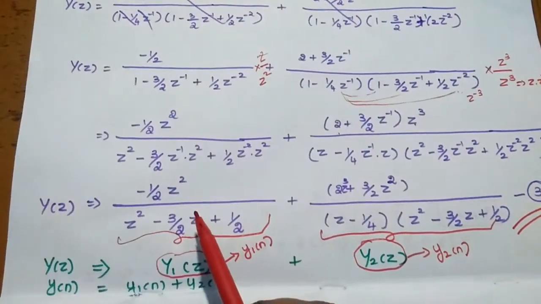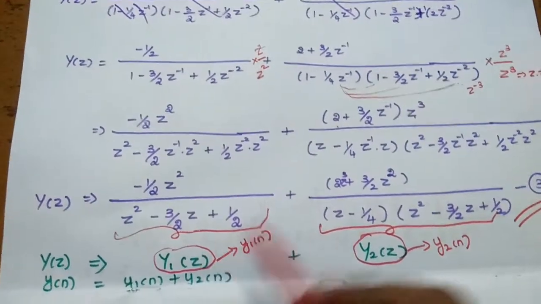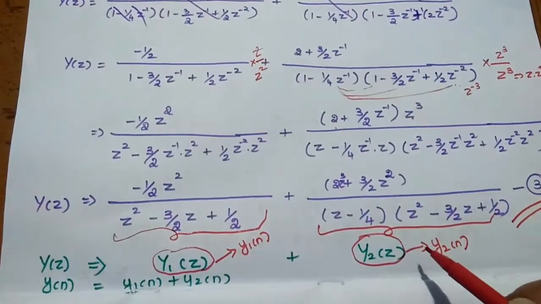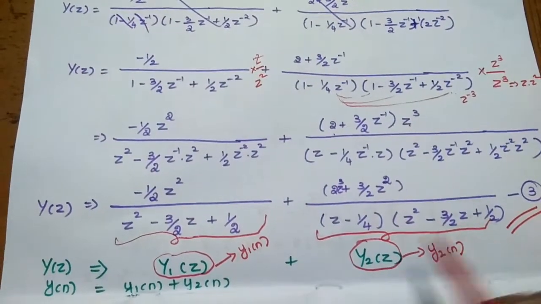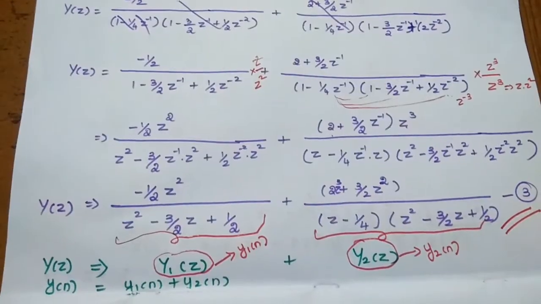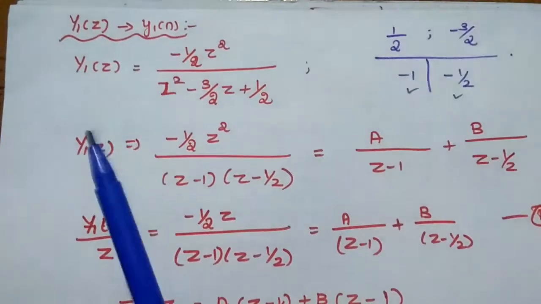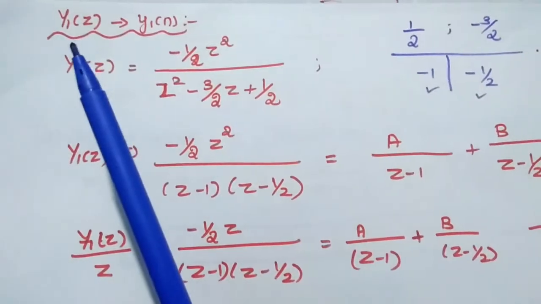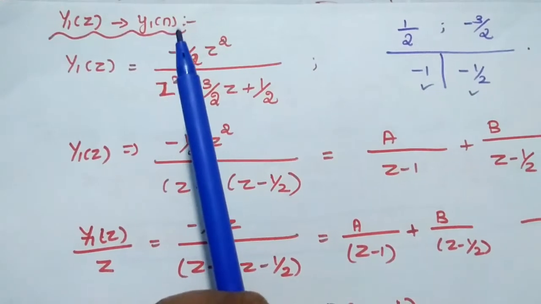Okay, so now we are going to take this y1 of z and solve this, and next we are going to take this y2 of z and solve this, and finally we are going to substitute all these values into this third equation. So now we are going to consider only y1 of z. From this y1 of z we are going to get y1 of n.